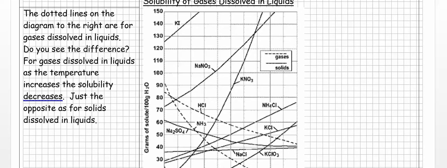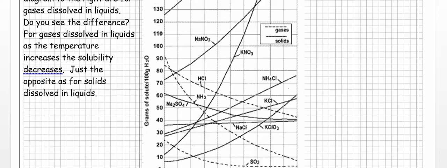Just the opposite as for solids dissolved in liquids. If you increase the temperature, you're going to decrease the solubility. Again, for gases dissolved in liquids, okay? All right, so that's that.